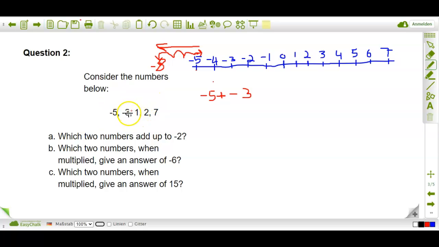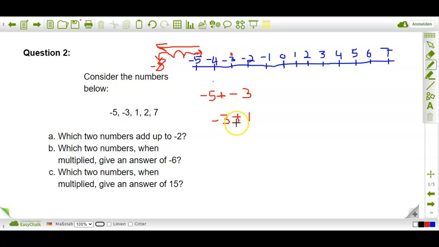Let's try -3 and +1. Since it's -3 plus 1, we have to start at -3. Let me use a different color ink. We would have to start at -3 right here.